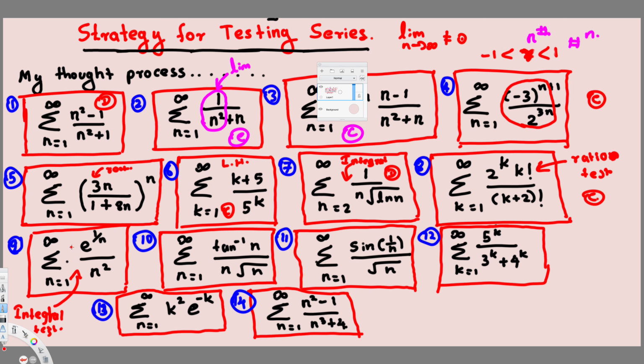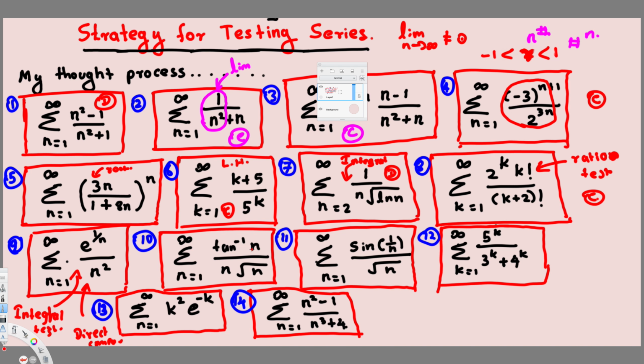And we have a convergent p series because we have e over n square, and 1 over n square is a convergent p series. So you can also do the direct comparison test.